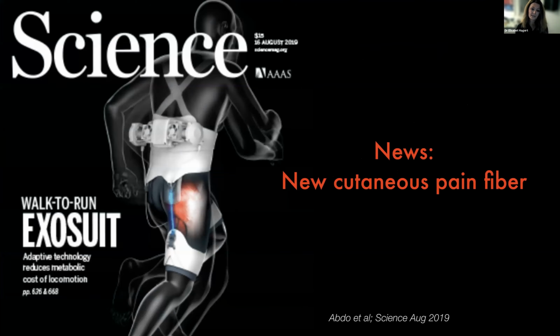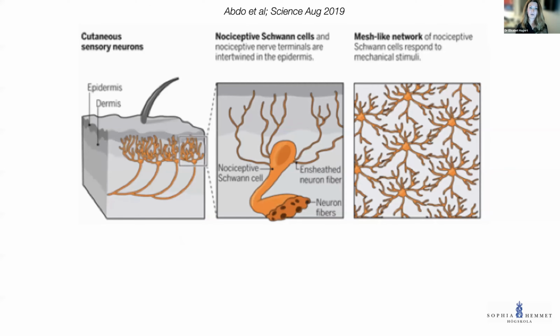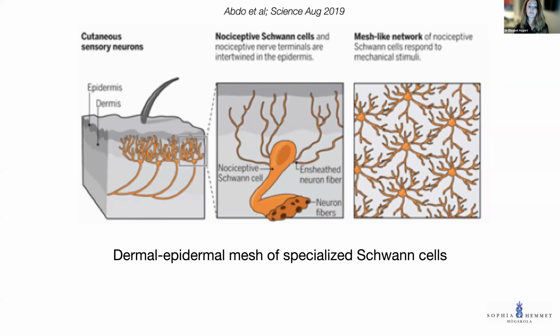But one of the last theories is that there is a new cutaneous type of pain nerve fiber that I did not know of until 2 years ago. Abdo and co-workers published their publication in Science in August of 2019. And what they found was that in between the layer of the epidermis and the dermis, there is a dermal-epidermal mesh or a network of specialized Schwann cells.